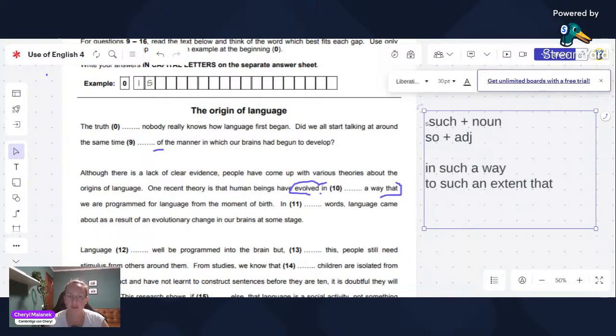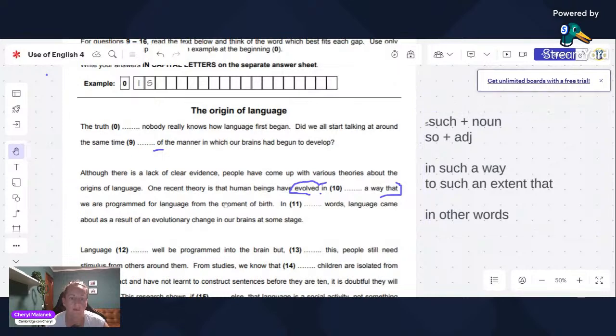And this expression here is in other words, no? Like another way to say something, in other words, okay? So this would be our answer here, yeah? In other words. So again, if you know this vocabulary, if you've learned your linkers, you will know this answer quite quickly. Okay, the next one.